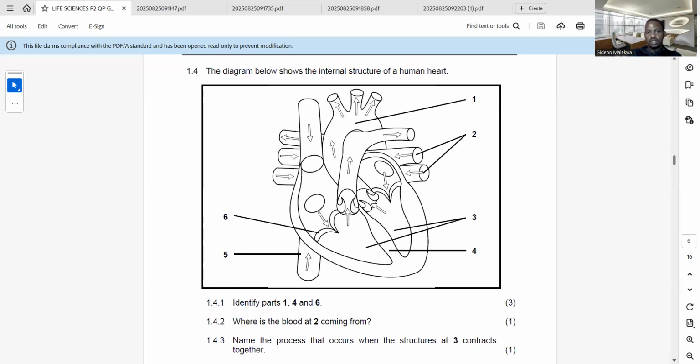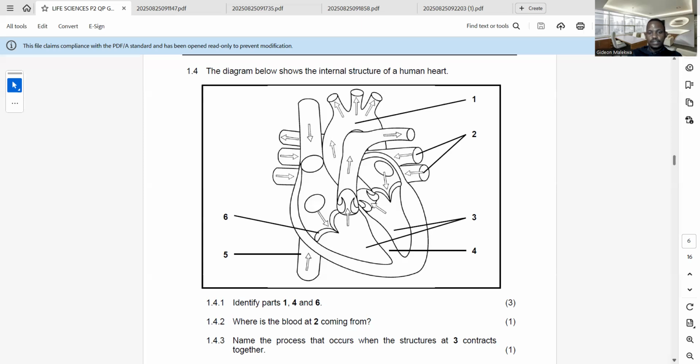Why do I say it's the aorta? We can see the arrows. Arrows are showing us that it's carrying the blood away from the heart. So it's an artery. And because it is associated with the left-hand side, carrying the blood from the left-hand side of the heart, it becomes the aorta.